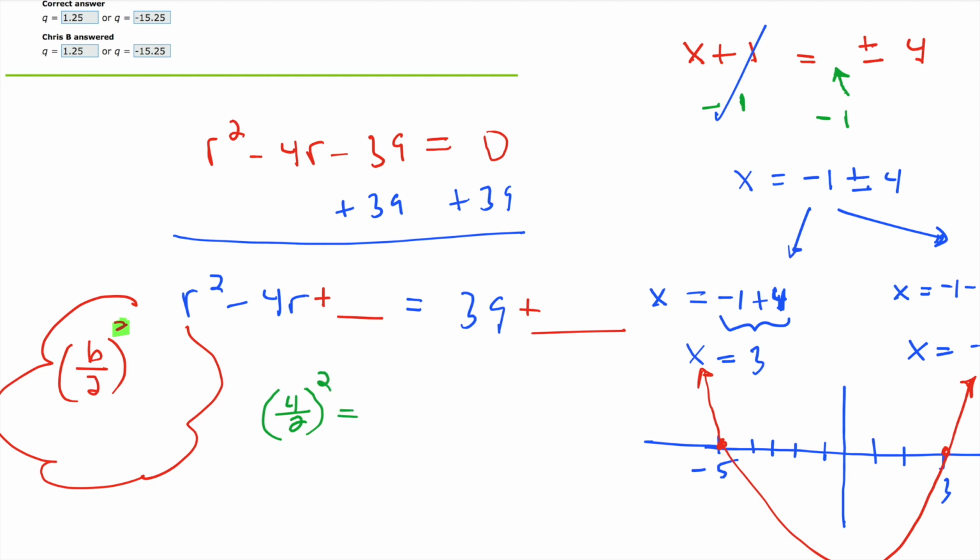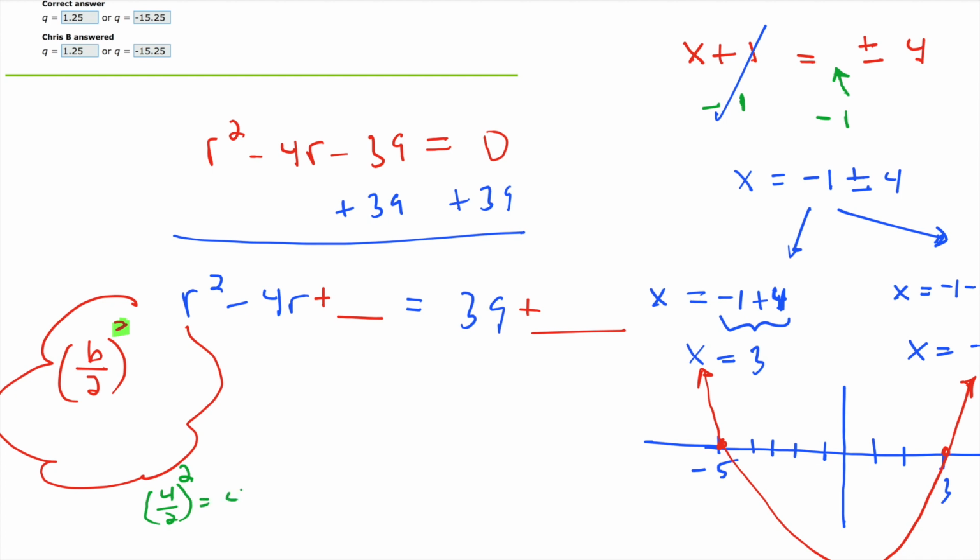All right, so what's 4 over 2? No, 4 over 2 is not 4. I asked you what 4 over 2 is, not the final answer. What's 4 over 2? And you square it, what do you get?